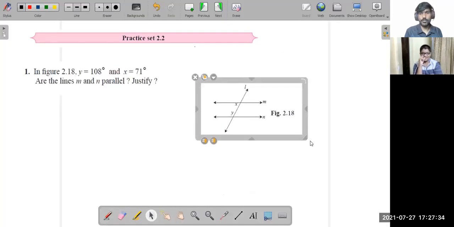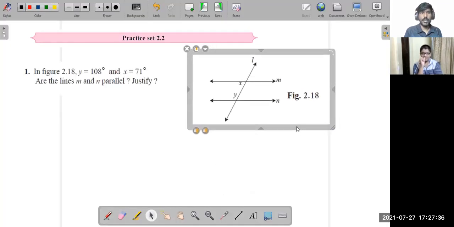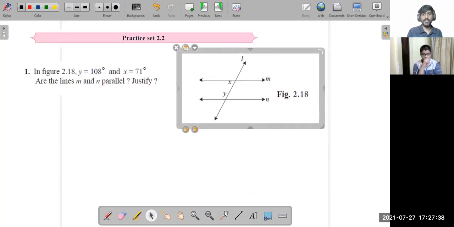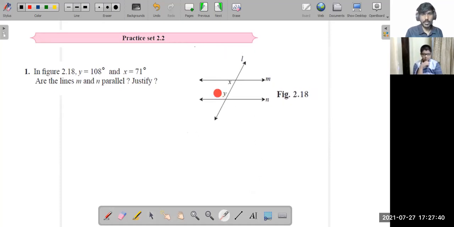Understand the question first. In figure 2.18, angle Y, that is this one here, is 108 degrees. Angle X, that is this one here, is 71 degrees. Justify whether lines M and N are parallel to each other. If they are parallel, you have to give a good reason why.